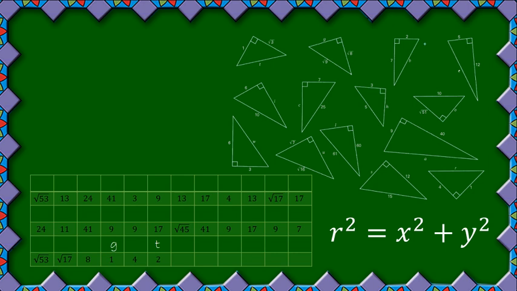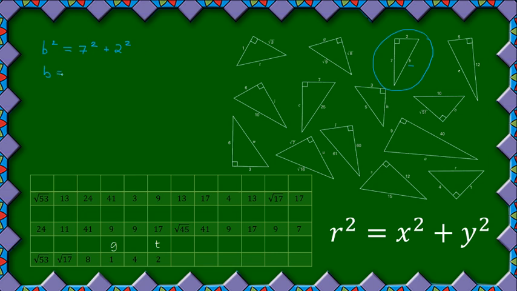Okay, so the next one, we've got this triangle that I'm going to work on, and we need to find a b. I think that's a b. So we've got a long side, b is the long side. So we've got b squared equals 7 squared plus 2 squared. So the two shorter sides added together.